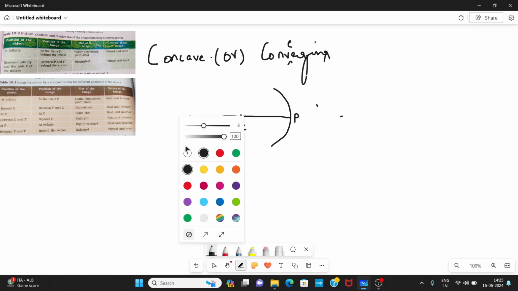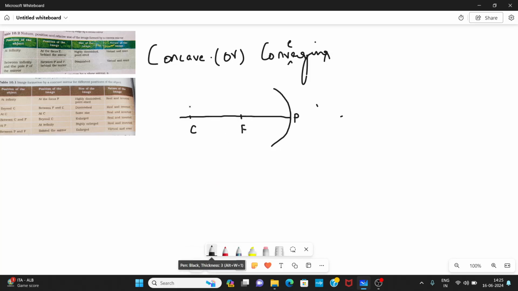Now let us talk about the first case. Irrespective of the object, I'm going to talk about the image formation.